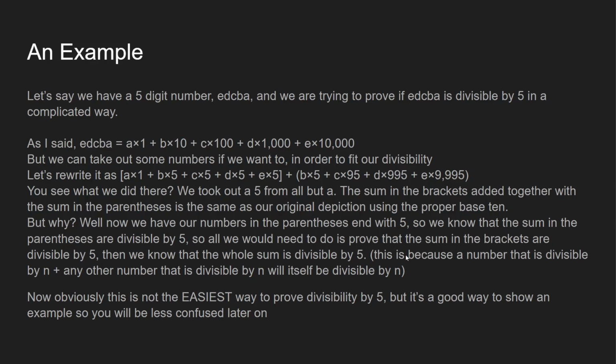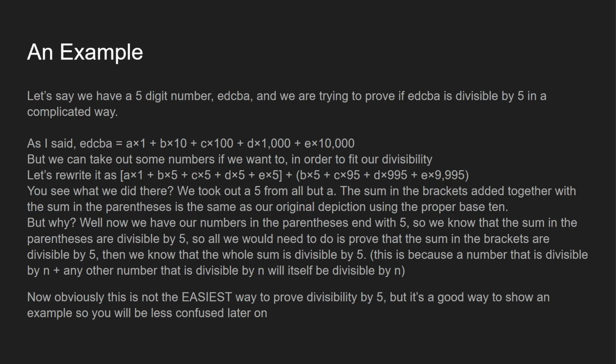So yeah, this is because a number that is divisible by n plus any other number that is divisible by n will itself be divisible by n. So if I am adding 5 plus any number that is divisible by 5, that means that that sum has to also be divisible by 5, because the number that you're adding to it is also divisible by 5.